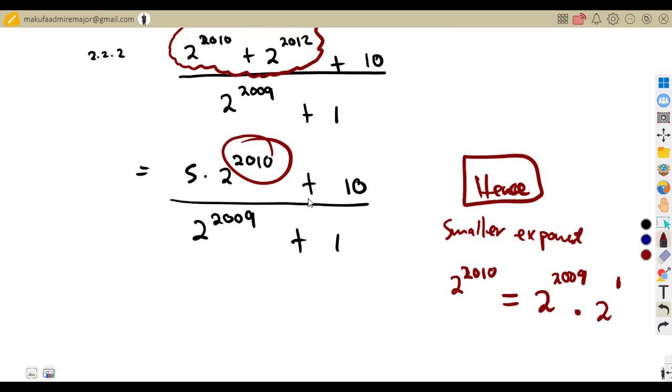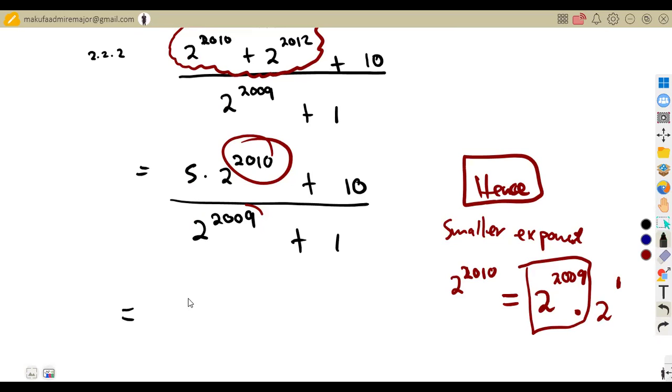Okay, guys, please be careful there. We want to have this in terms of the smaller exponent, which is 2 to the exponent of 2009. That's why we have to expand targeting this first. So we now have the equivalent.